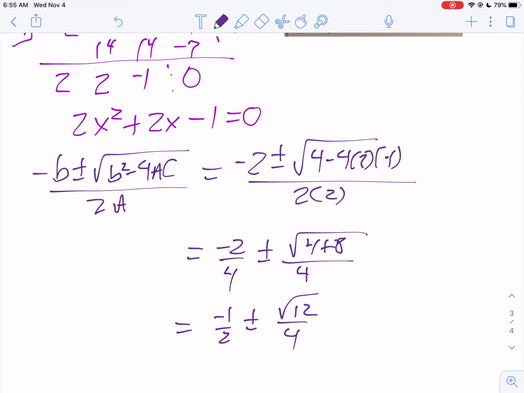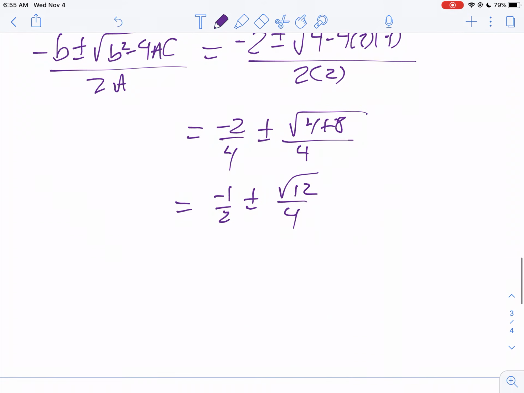Now I want to simplify that square root of 12 because we want the answer in lowest terms. So you get -1/2 plus or minus the square root of 12. Well, that's 2 square roots of 3, isn't it? All over 4. So we get -1/2 plus or minus the square root of 3 all over 2.